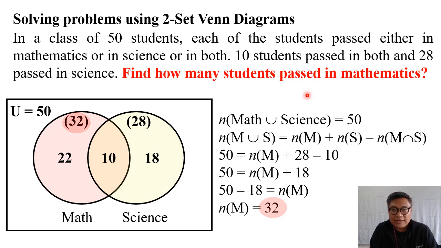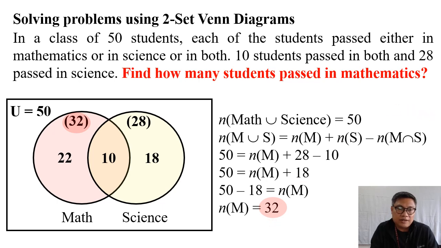Okay, so again, be mindful class, if you are asked how many students passed in math, this does not mean that it is math only. It means that they passed in math and at the same time they may also have passed in science, because this also answers the question that they passed in math, only that they have science as well. Okay, so the answer is 32, not 22.